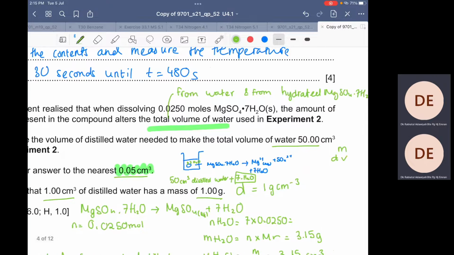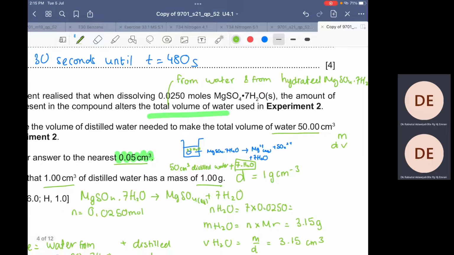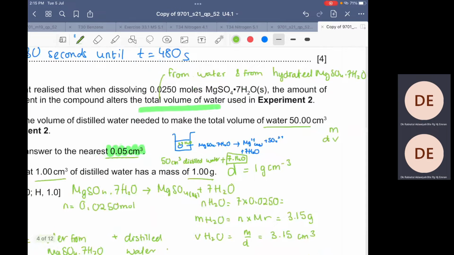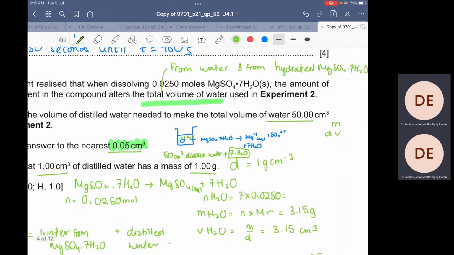Once I found the mass of H2O, I can find the volume by using the formula mass over density. So this 3.15 centimeter cube is how much water will come from the hydrated solid.